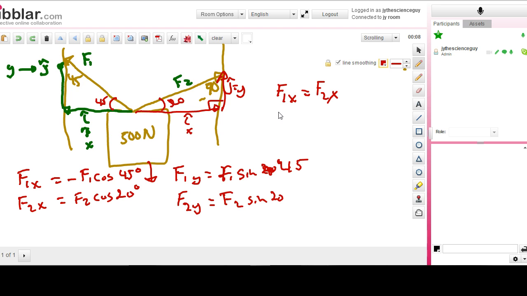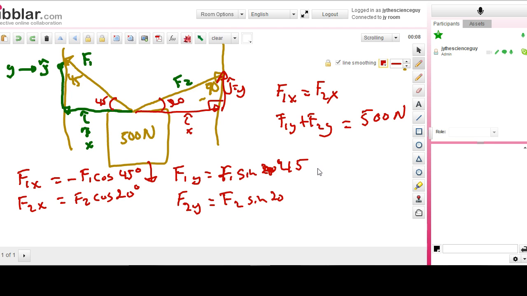So your other equation would be f1y plus f2y is equal to 500 newtons. And now you have a system of two equations. So let's plug everything in.